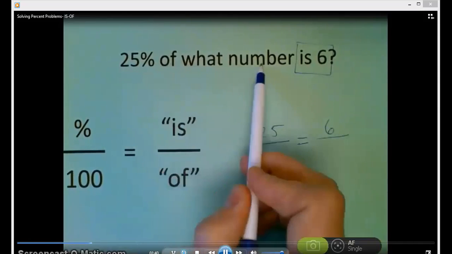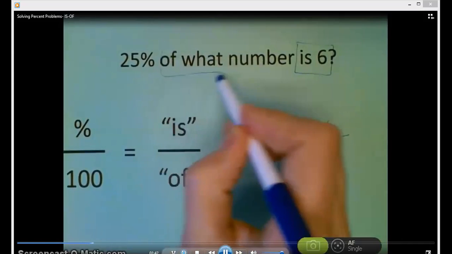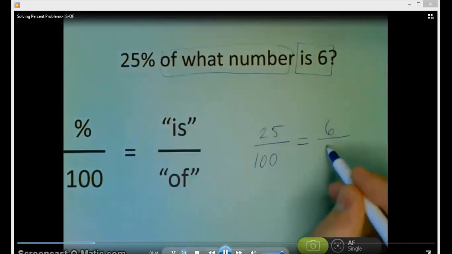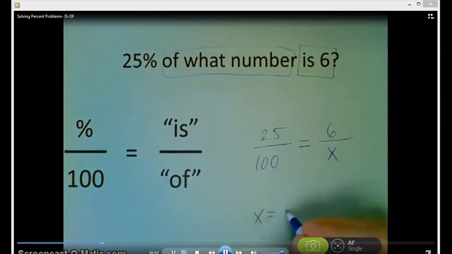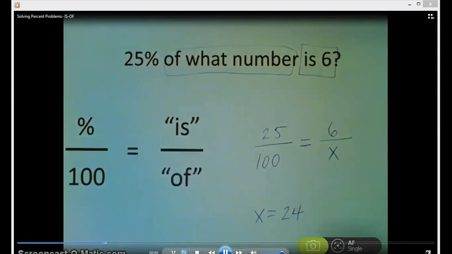And of what number? Of what number is my variable, the number I'm trying to find. So now I solve this like I would solve any proportion. 6 times 100 equals 600, divided by 25. X equals 24.